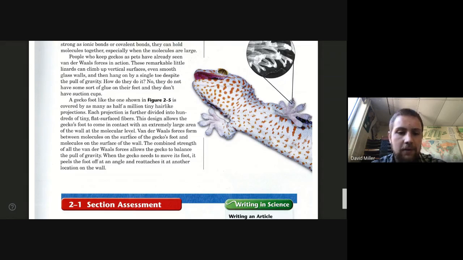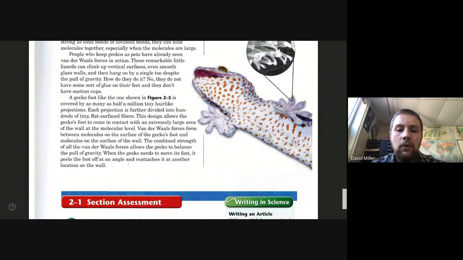Van der Waals forces form between molecules on the surface of the gecko's foot and molecules on the surface of the wall. The combined strength of all the van der Waals forces allows the gecko to balance the pull of gravity. When the gecko needs to move its foot, it peels the foot off at an angle and reattaches it at another location on the wall.